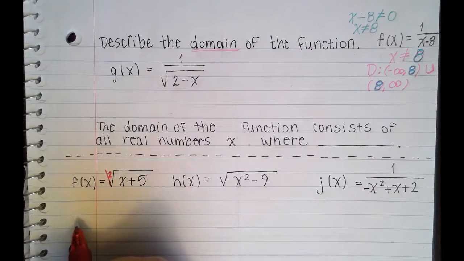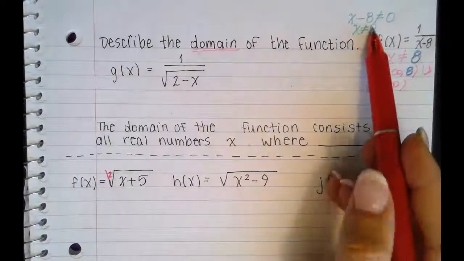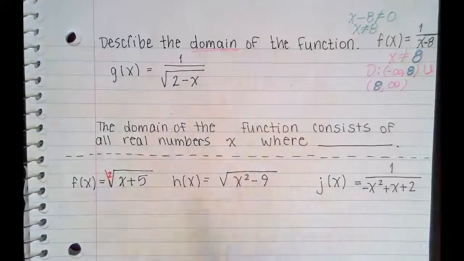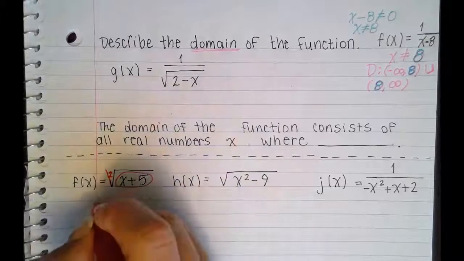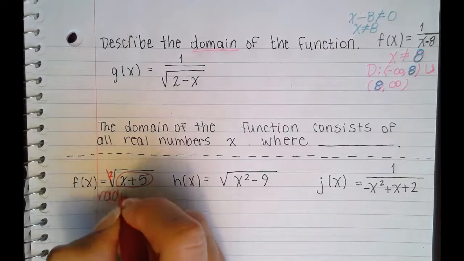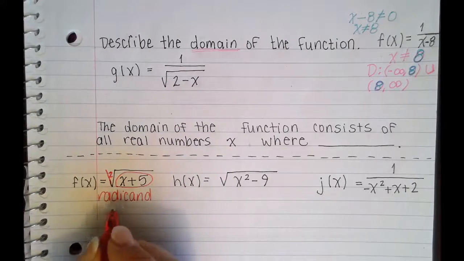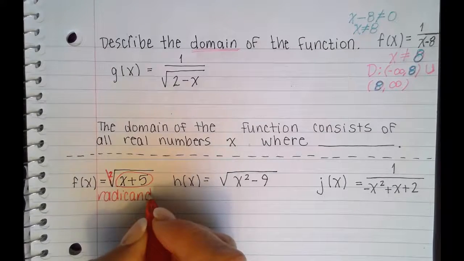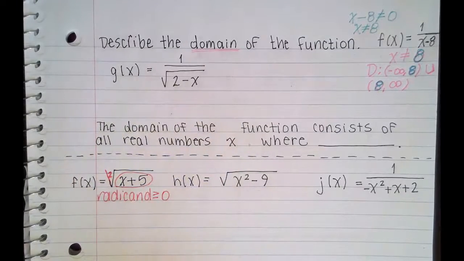That means, so similar to how we set this one up, I basically said, okay, my denominator can't equal 0, let's solve from there. This thing inside is called your radicand. The radicand cannot be negative. So you basically can say my radicand must be greater than or equal to 0, and I'll solve from there. And that'll tell me what I can have. So it'll sort of be like that.